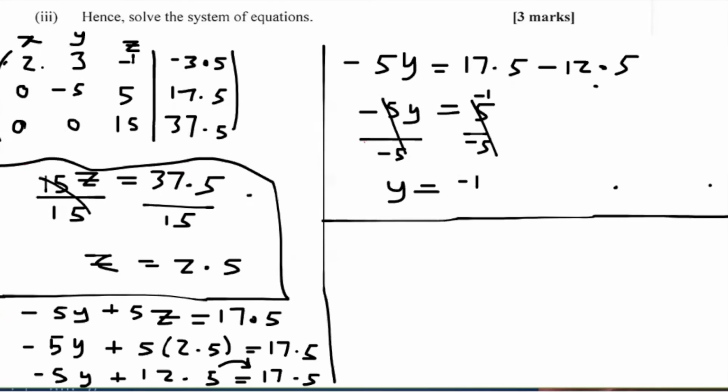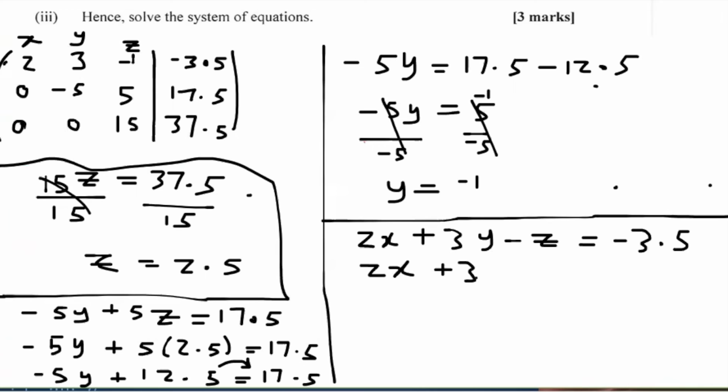The last step is to create an equation with the first row. So I have 2x plus 3y minus 1z or minus z equal negative 3.5. So I have what is y and what is z, so I will replace those variables. So I have 3 times negative 1, because above I have y to be negative 1, and z is 2.5.